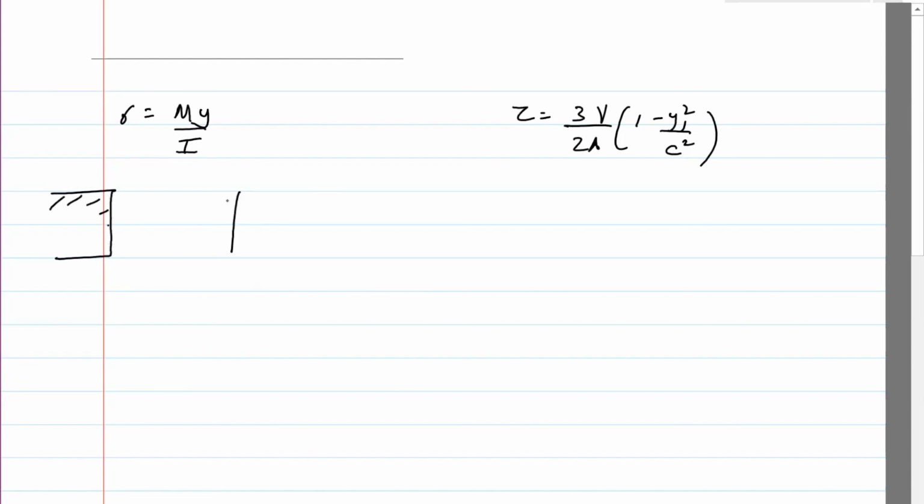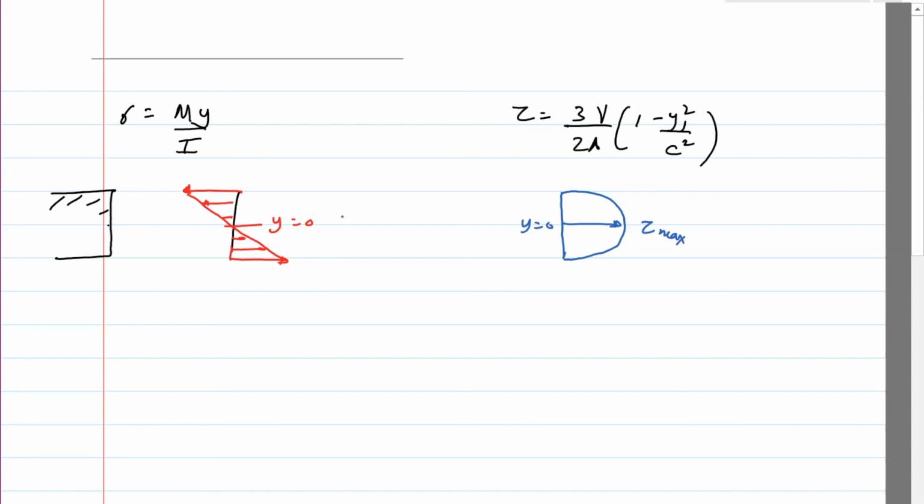If you plot the moment, the normal stress, it'll achieve a maximum value when y is maximum, and it'll decrease linearly. This is y equals 0. If you plot the transverse or the shear stress, you'll see that it is something like this, with the maximum value here at y equals 0.